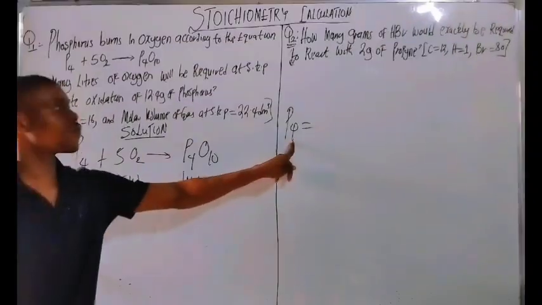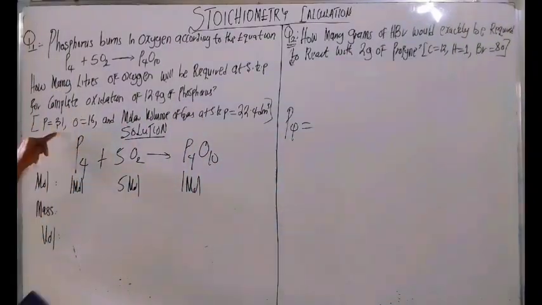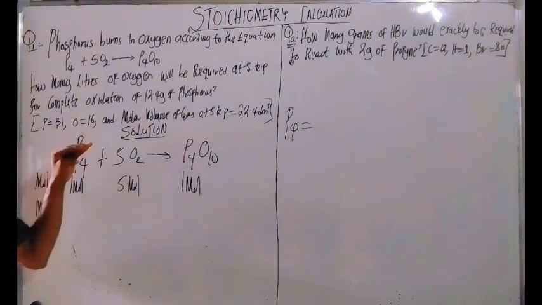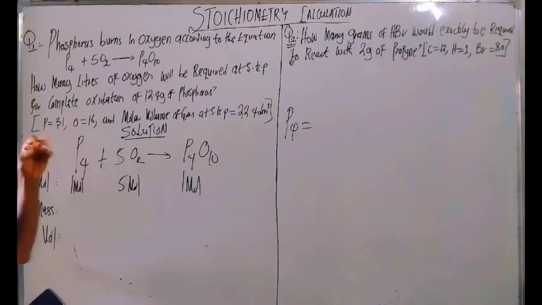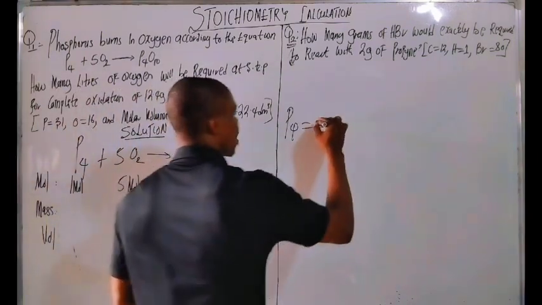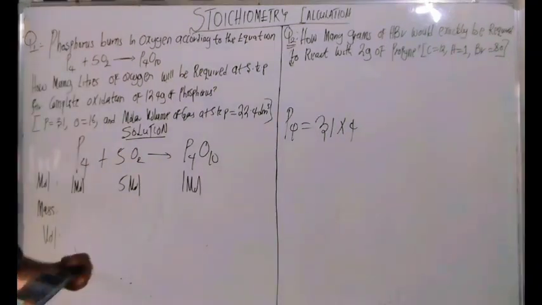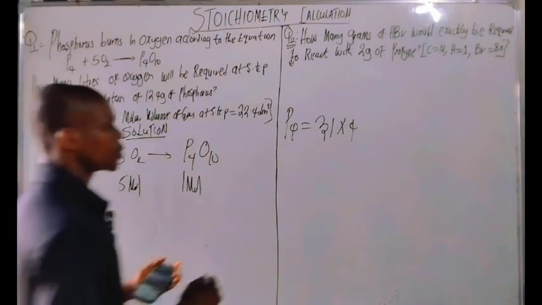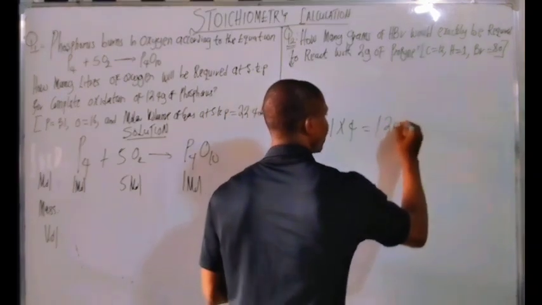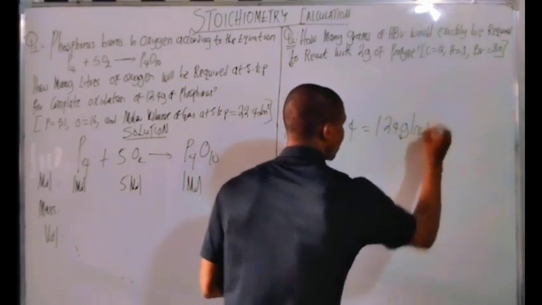What is the atomic mass of phosphorus? It was given to me to be 31. So these are constants. The atomic mass of phosphorus is 31. So it's going to be 31 times 4, which gives me 124 gram per mole, right?